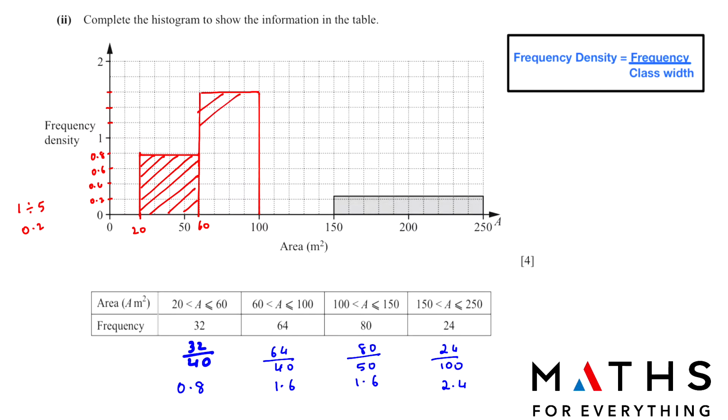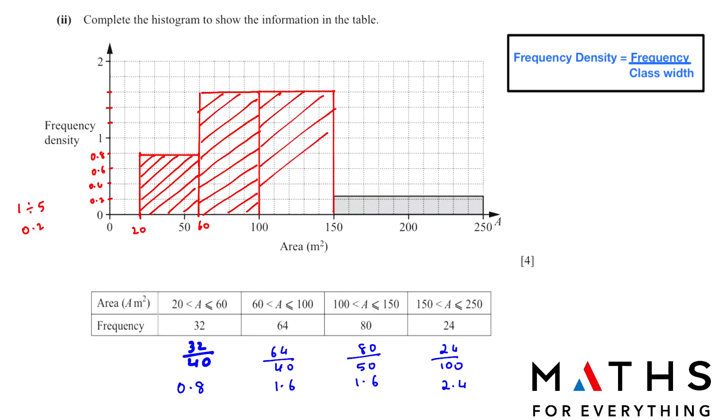Just shade it. And the last bar is also 1.6. We have already marked. We drew the bar and we shade this one. So this is how you draw a histogram. Let's mark here 1.6.